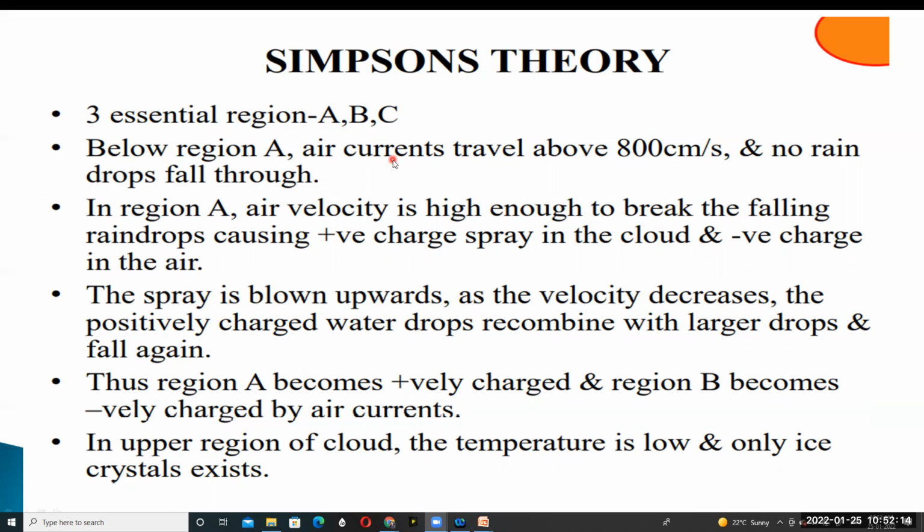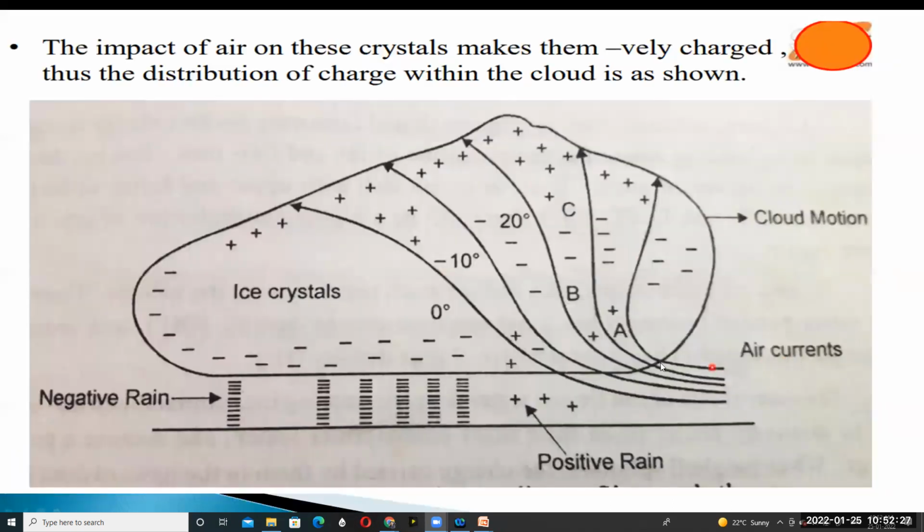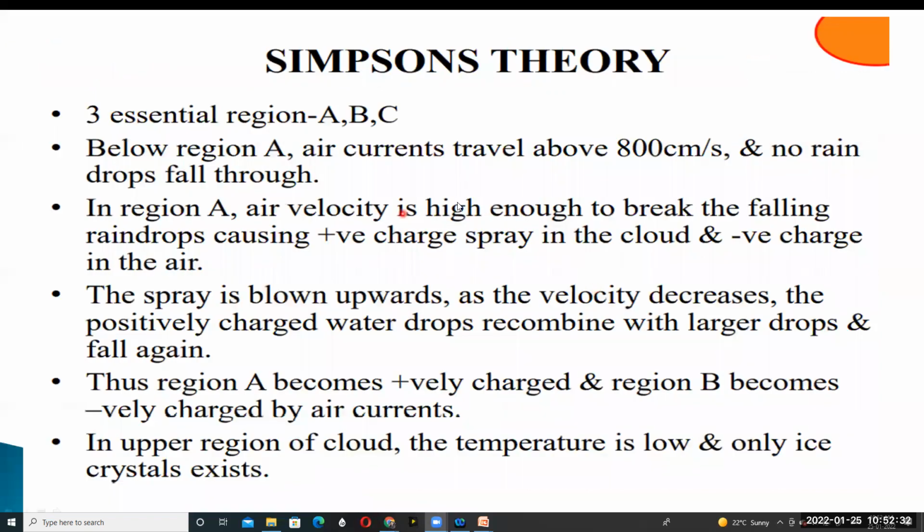Understood? In this theory, below region A, air currents travel at above 800 centimeters per second, and no raindrops fall through.